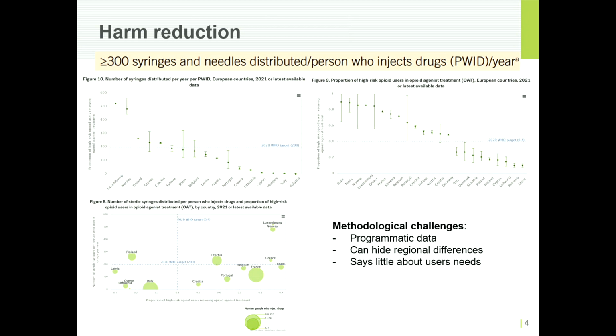And these indicators are based on programmatic data, right? So we estimate the total number of syringes distributed by the Ministry of Health. We divide it by the estimated population size per country, and we come up with those macro, crude estimates. They tell us little about regional, local differences, and also about people's needs.